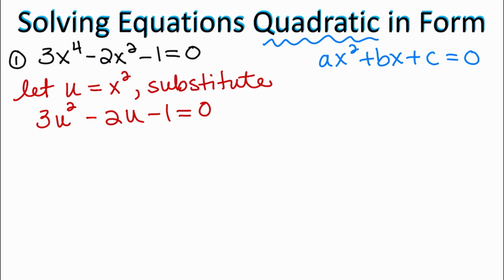So now I can go ahead and solve this. This is just factoring a trinomial where the leading coefficient is not equal to 1. So I'm going to take the 3, multiply it by negative 1, and I'm going to end up with negative 3. What multiplies to give me negative 3 and adds to give me negative 2? That is negative 3 times a positive 1.